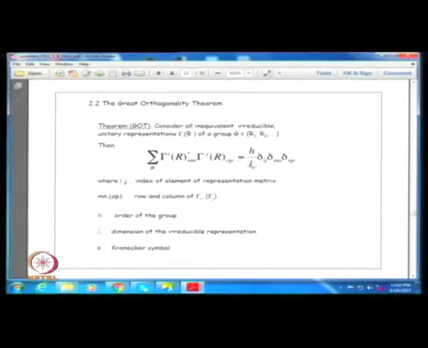Since i has to be set equal to j, it is the common value of l. So, let me write it in our notation.